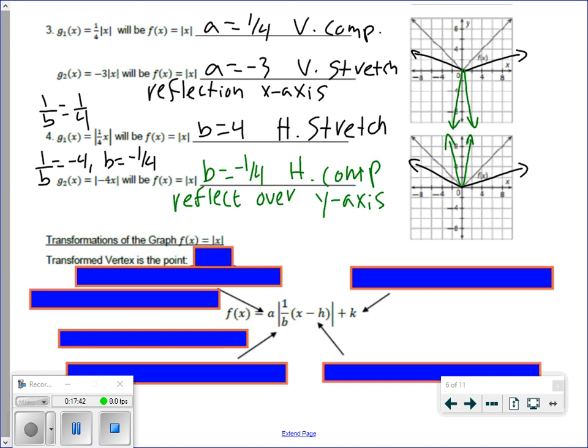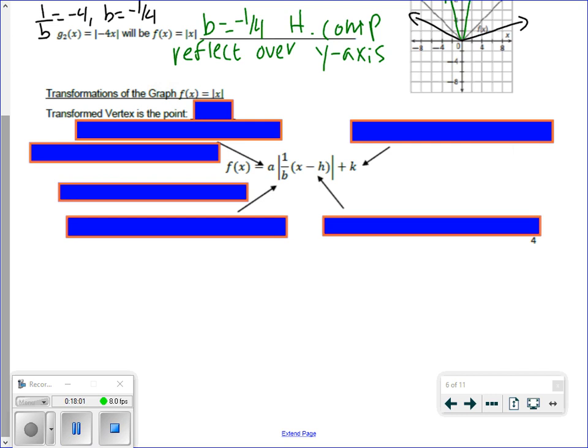It's going to be narrower, like we have there. And at the same time, it should be a reflection over the y-axis. You're not going to see it in this case, but in other cases you will. Just know if b is negative, you do have a horizontal reflection. All right, so we're going to keep going.